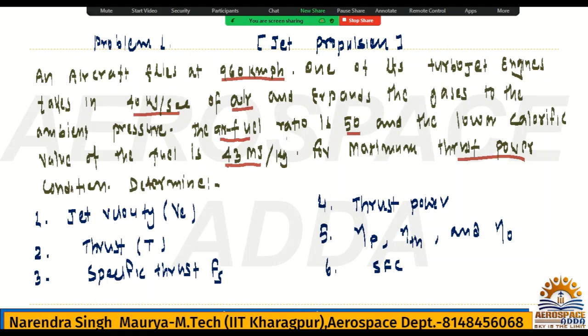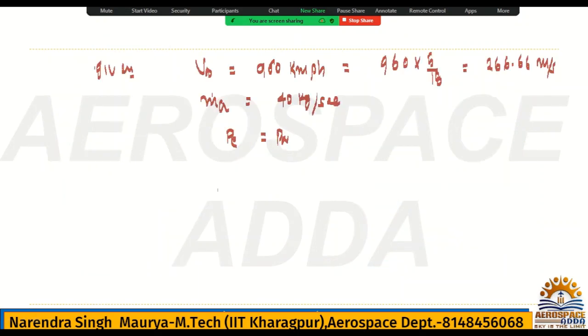The air to fuel ratio is given. Air to fuel ratio means m dot a divided by m dot f. Okay, it is given as 50. What is small f? Small f is fuel by air, or m dot f by m dot a, which is how much? 1 by 50. So 1 divided by 50 is nothing but 0.02.